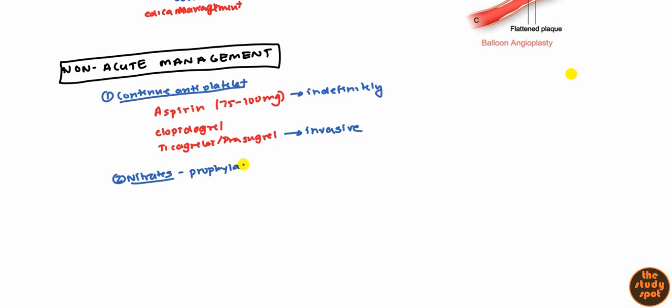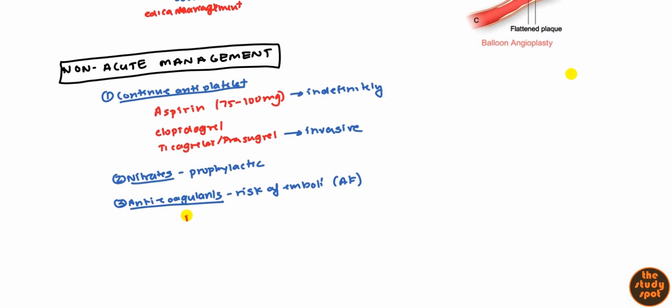Nitrates do need to be continued, and this is going to be prophylactic. You also want to continue the anticoagulants, specifically if there's any risk of emboli, such as atrial fibrillation.